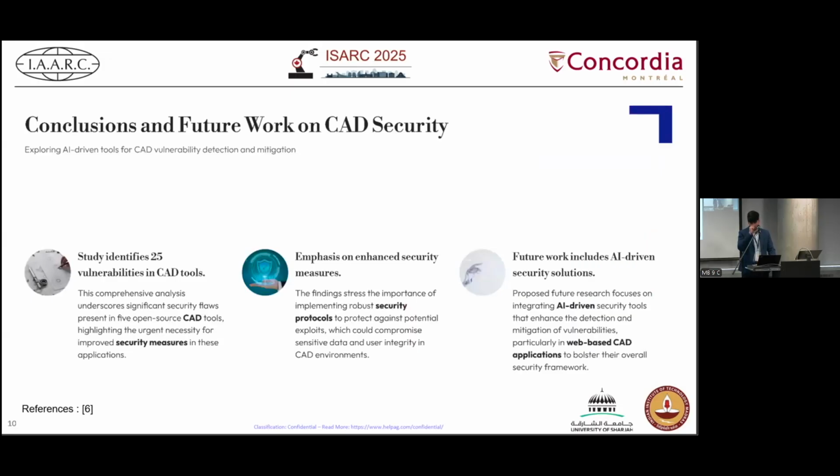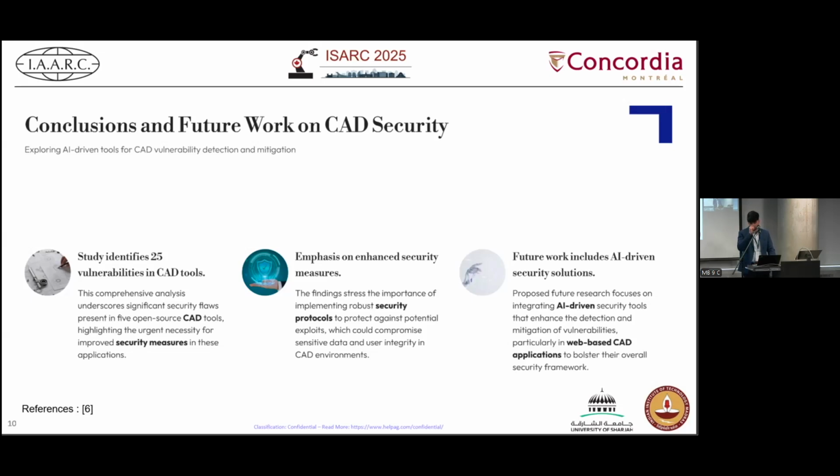So to conclude, we have identified 25 unique vulnerabilities across 5 CAD tools, and as I have mentioned, the 2 most common vulnerabilities are CWE 79 and the one for HTTP security headers. These findings highlight the urgent need to improve the security of these CAD tools, especially given the growing importance of CAD in the AECO industry itself.